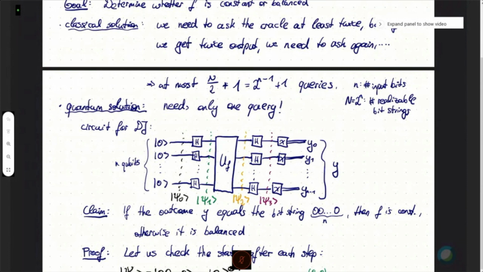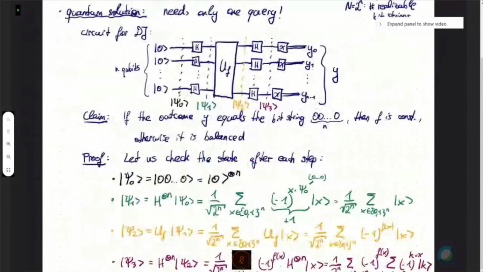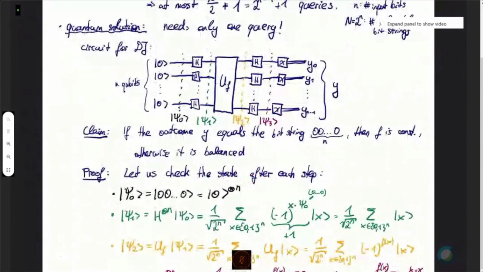While if we have a balanced function, the oracle Uf will have some effect, it will change our state somehow. So if we then apply the Hadamard gates again, we will end up in a different state. Yeah, that's just to give you some intuitive understanding of how the Deutsch algorithm works.